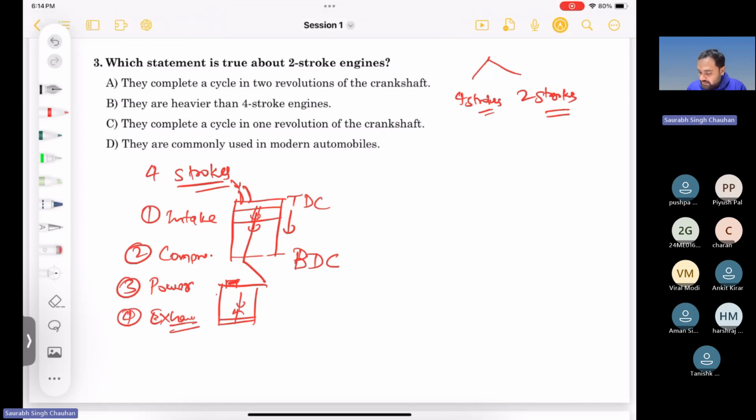Okay, so it looks like something like this. You have this cylinder, and this is your piston. Okay, and please remember one thing, that in a 4-stroke engine you have an intake valve and exhaust valve, but in a 2-stroke engine you have only ports. Okay, you don't have these types of valves. What are the valves?